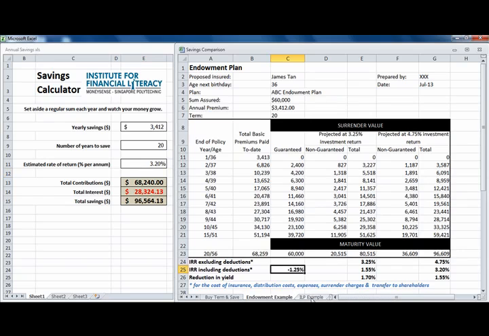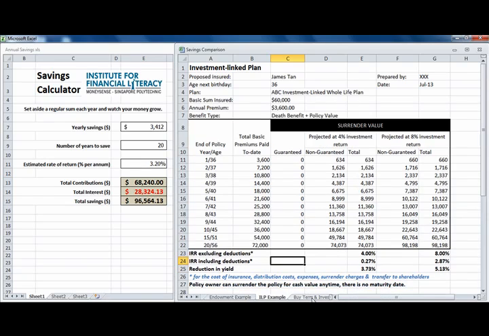James was also shown an ILP plan, which can help him reach his objectives while allowing him to choose unit trusts based on his risk profile. In this example, he will have to pay a yearly premium of $3,600 over the next 20 years. He is insured for $60,000 and is shown two scenarios for his investment returns of 4% and 8%.